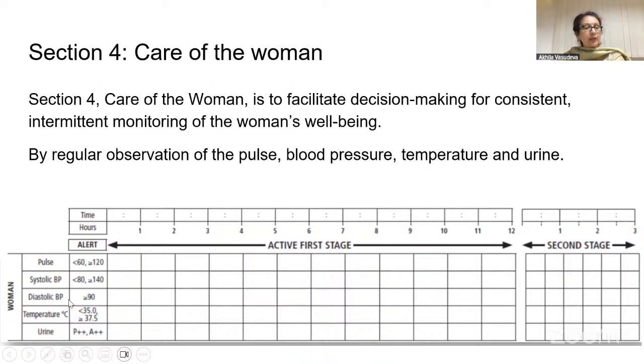Then hypothermia, hyperthermia, and urine. So it's important that if you have done a urine analysis in a preeclamptic patient, urine protein is 2 plus. If a patient has prolonged labor, acidotic breathing, going into a kind of obstructed labor, urine ketones are 2 plus. So all these are alert issues in the care of the woman.